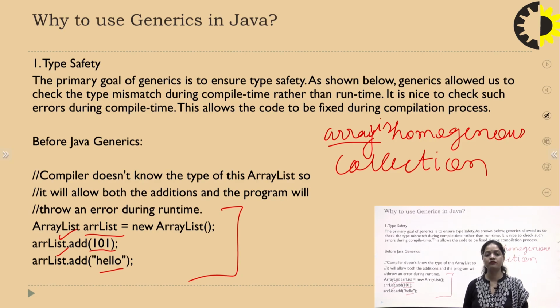That is the purpose of using a generic. Here we have 101, that is an integer value, and hello, which is a string. So is array list capable of holding two values? No, because one is an integer and another is a string. That is a wrong concept if we want to create an array.